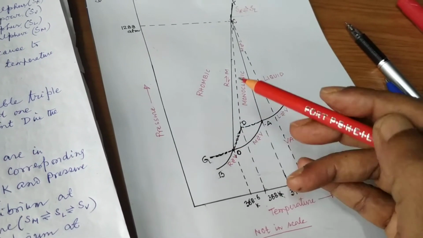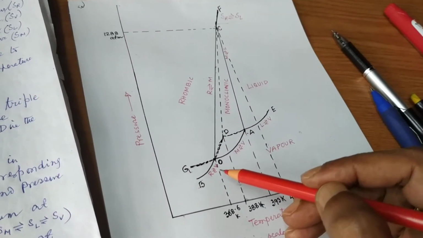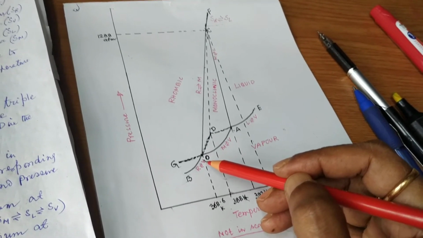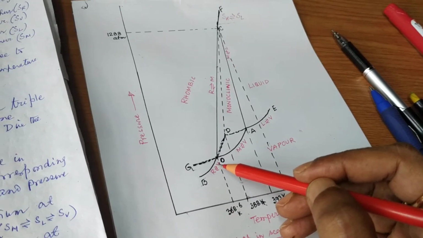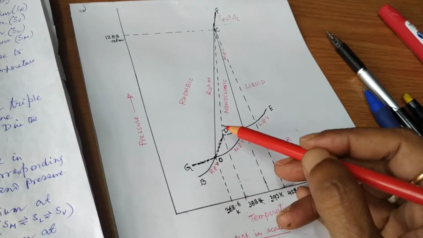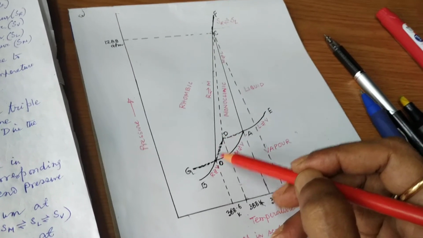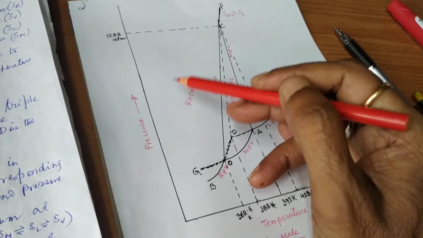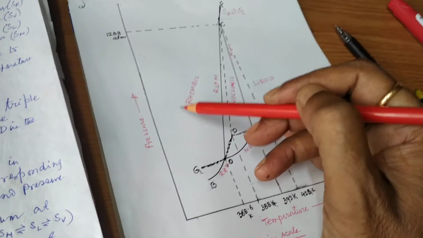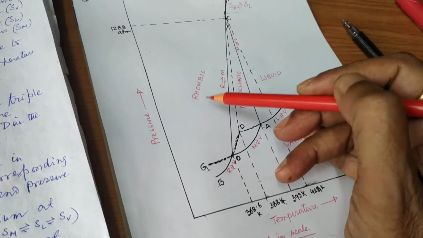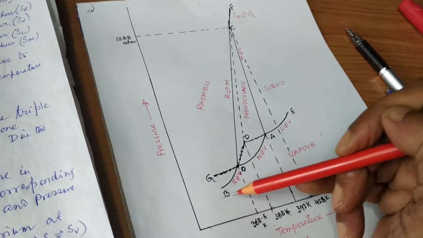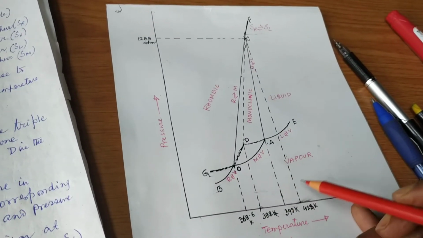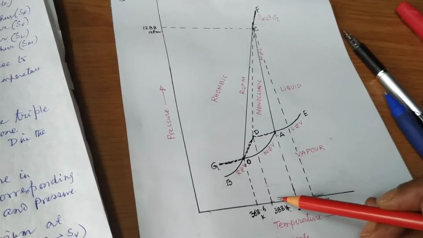Now, what are the areas? The area on the left-hand side, BOCF, is rhombic sulfur. The area under BOAE is sulfur vapor.